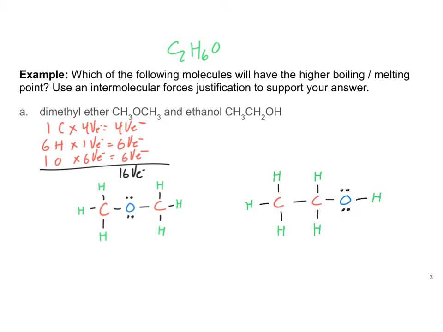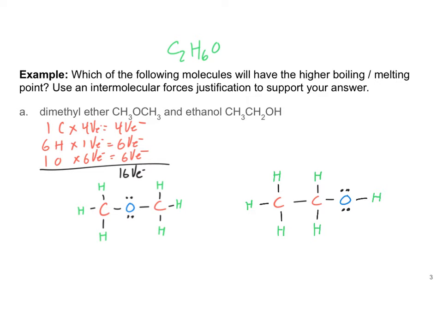Now, the first thing that we always identify is the type of intermolecular forces of attraction. And so I'm going to go ahead and take the time to identify the types of bonds present, and that will tell me whether the bonds are polar, and then that helps me to determine what types of intermolecular forces of attraction this particular molecule would have.